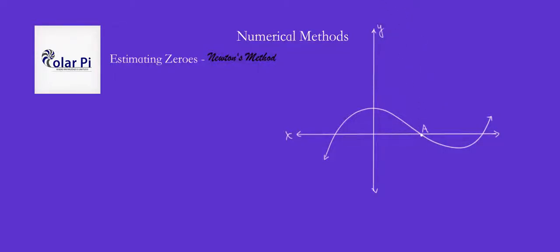For instance, let's say you draw a tangent line at this point right here, which is pretty far from a. Then the tangent line would look something like this. This color is good enough. So the tangent line there would look like that.